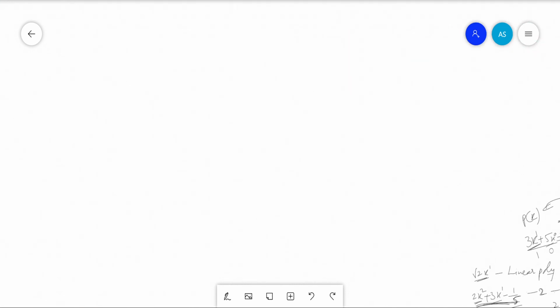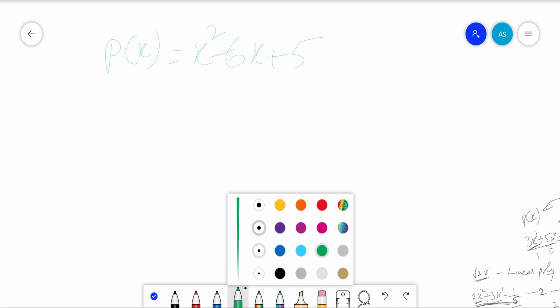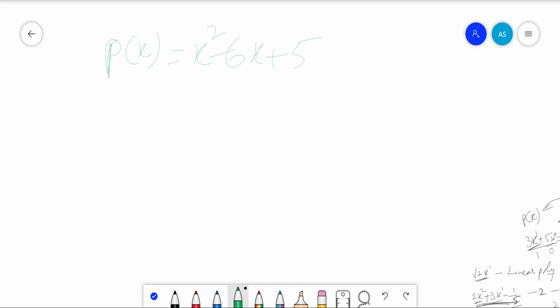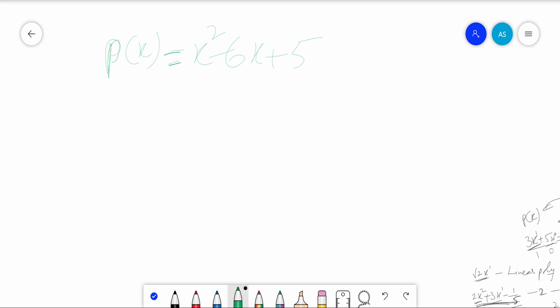Next, coming to value of the polynomial. Suppose p of x is equal to x square minus 6x plus 5. x square minus 6x plus 5 is a polynomial.